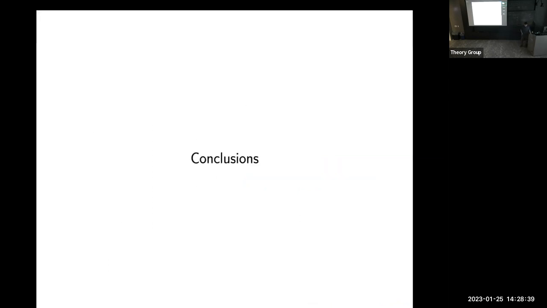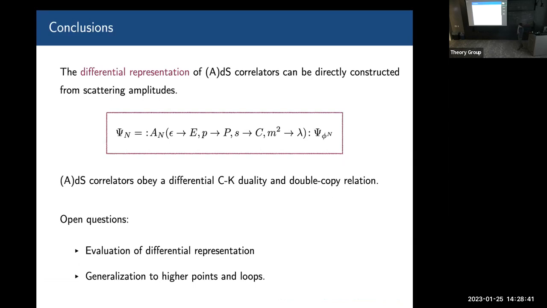Okay, so let me quickly conclude. We saw that we have this nice differential representation of AdS and dS correlation functions, which can be directly constructed from the corresponding amplitude expressions. Basically, we can take the amplitude, go through these replacements, order the operators, and finally act on the appropriate seed function.